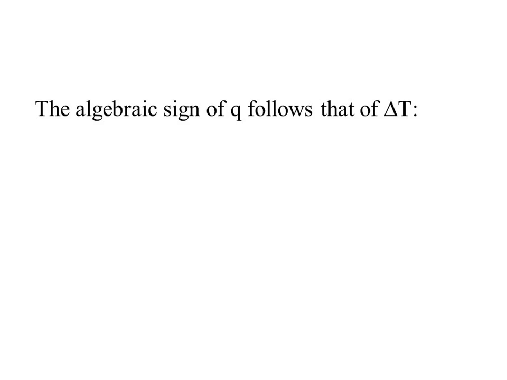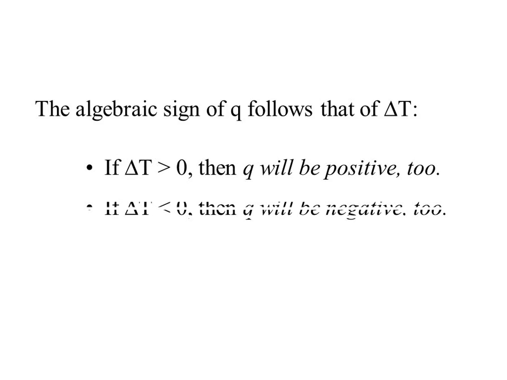I said that your changes in temperature can be positive or negative. It's cooling down, it's going to be, and I always have to think through this, cooling down, it's going to be negative. If it's heating up, it's going to be positive. And then that will drive the sign of your Q.